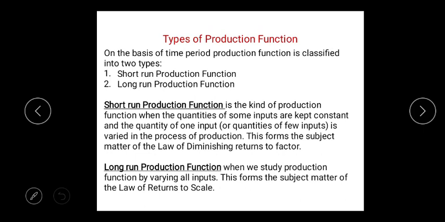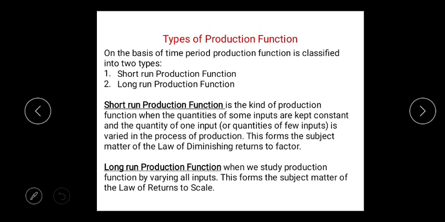Or we can say that it is that type of production function where addition to output can be obtained only by increasing the amount of variable factor. The study of short-run production function is the subject matter of the law of diminishing returns, which is also called the law of variable proportions, which we will discuss in our next lecture.